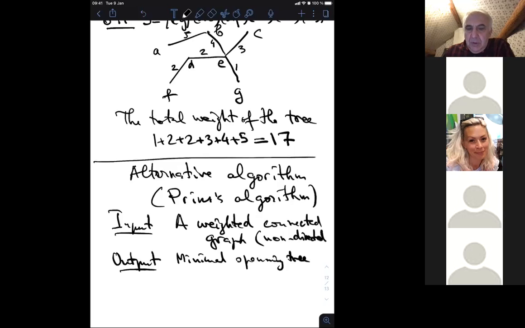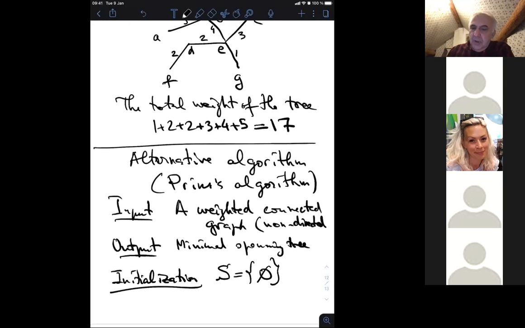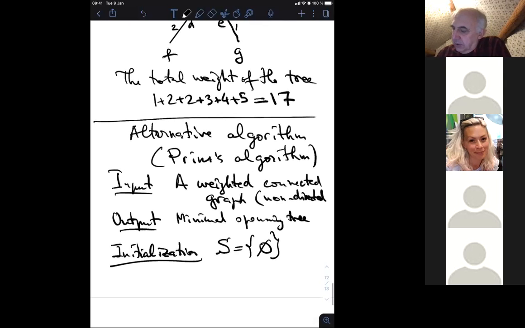So to initialize, our algorithm is quite simple. The current set of edges is empty. We haven't chosen any edge yet. And the set of vertices, P, would be: choose any vertex. Any vertex.